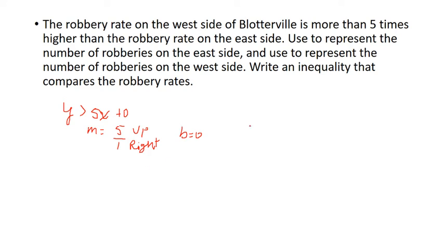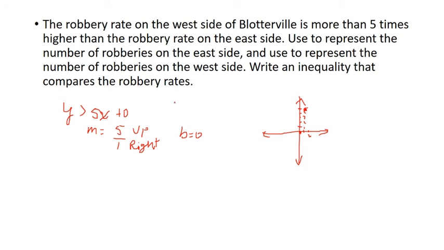So the graph will look like this. My y-intercept is 0. I'm going to start at 0, go up 5 units and 1 over, and I'm going to end here somewhere.